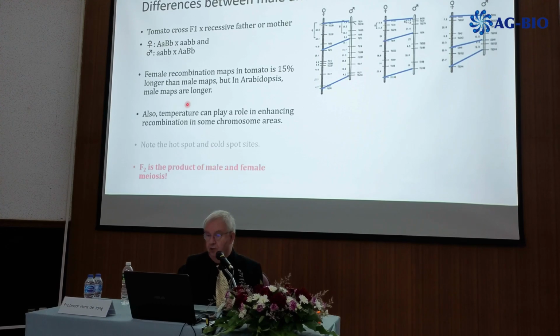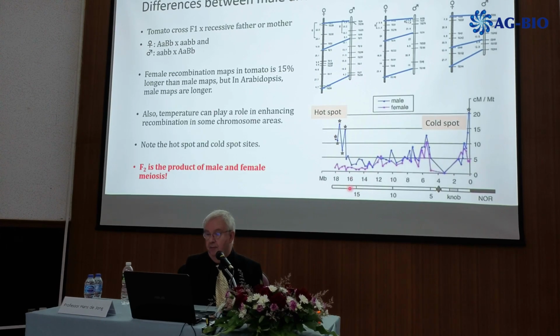But in Arabidopsis, it is different. In Arabidopsis, you see a picture of a beautiful analysis for chromosome 4, and there you see that the male recombination, the male linkage length, is larger than that of the female. So, in other words, there are gender differences between male and female in terms of how many recombinations you have, but keep in mind that it is not always the case that female is larger than male.